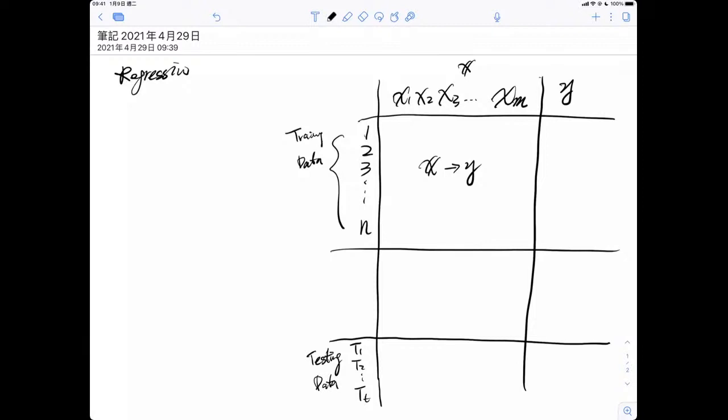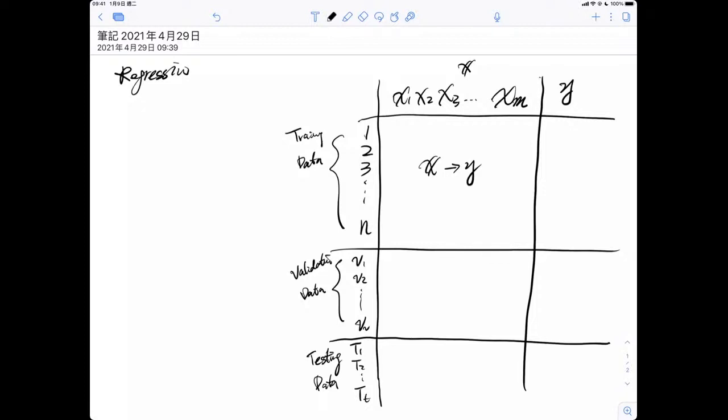However, in most neural network analysis, we require another data set, which is called the validation data set. You can't mix these three different data sets.